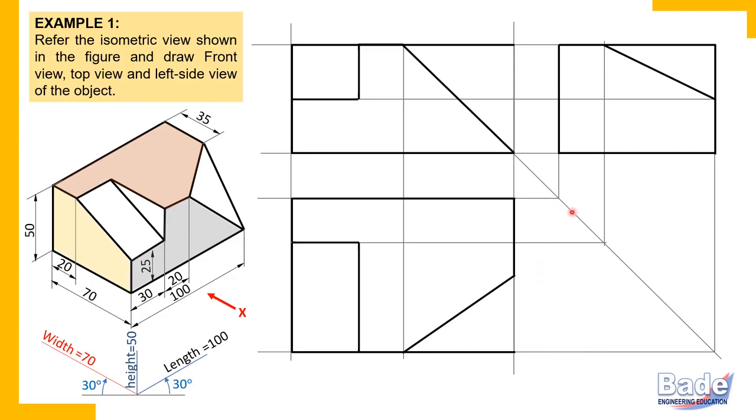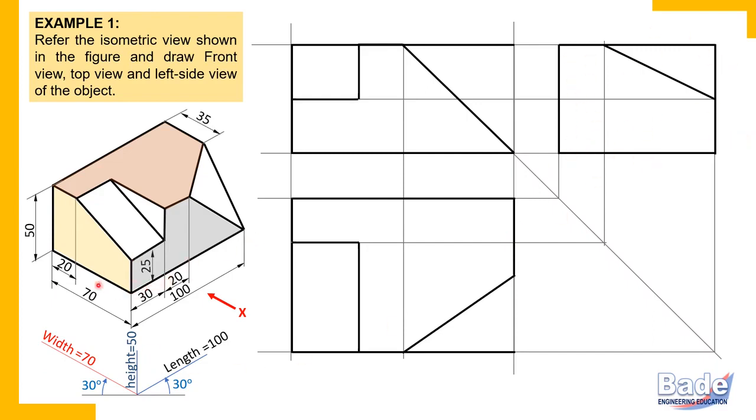Okay. Now let's proceed to this surface. This surface is a rectangular surface which appears in the top and in the front, but it doesn't appear in the side. The reason I've already told you. Check. This surface has a principal edge perpendicular to the side plane, PP. This is the principal edge. This edge is parallel to length, and the length axis is always perpendicular to the height-width plane, that is the side plane or profile plane.